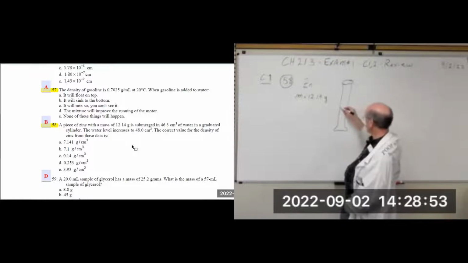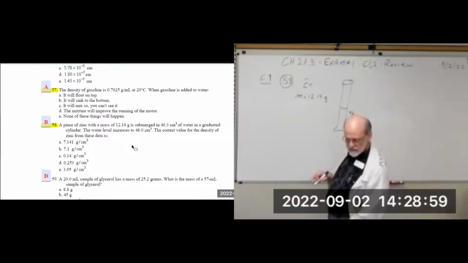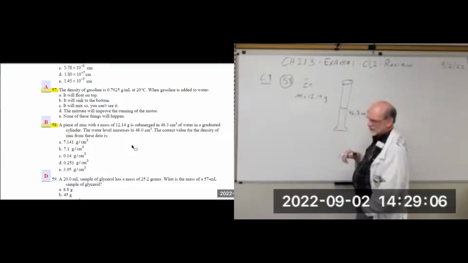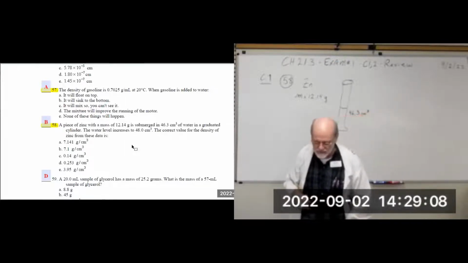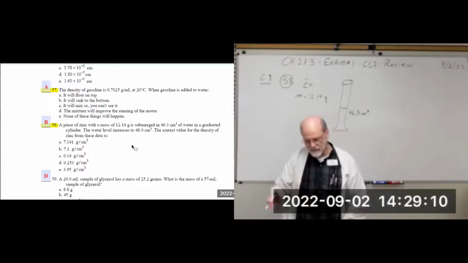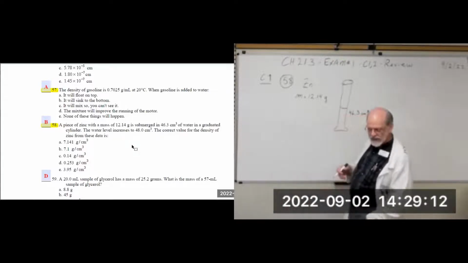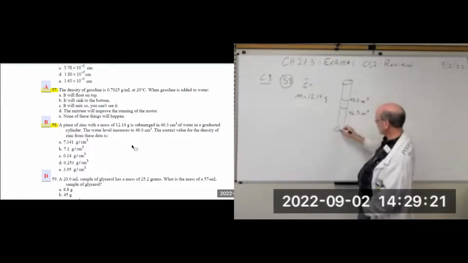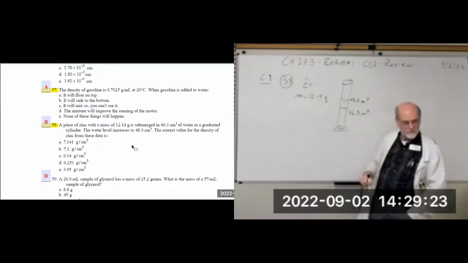And the water to start with is 46.3 cubic centimeters, which is the same as milliliters. And then after the submergence, the water level is now 48.0 cubic centimeters after we put the chunk of zinc in the bottom.